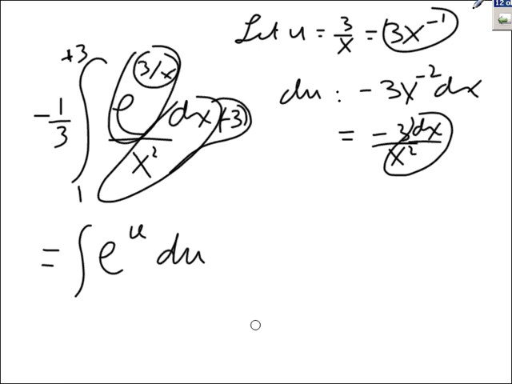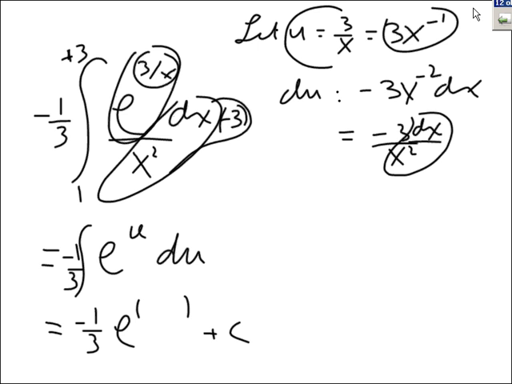Okay. So I have the du, but I also have 1/3 in front. And then it's a routine. The integral of e to the u du is e to the u plus c. I'm not going to guess what u is. I wouldn't dare do that.